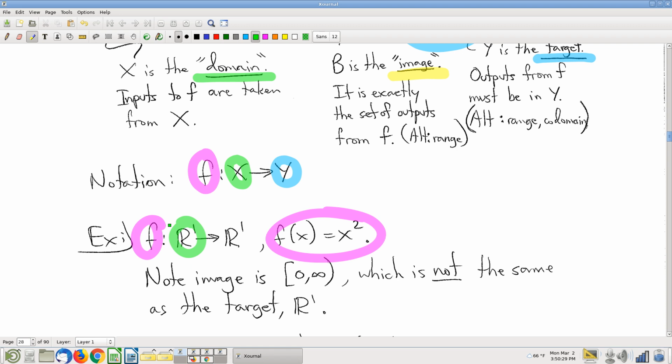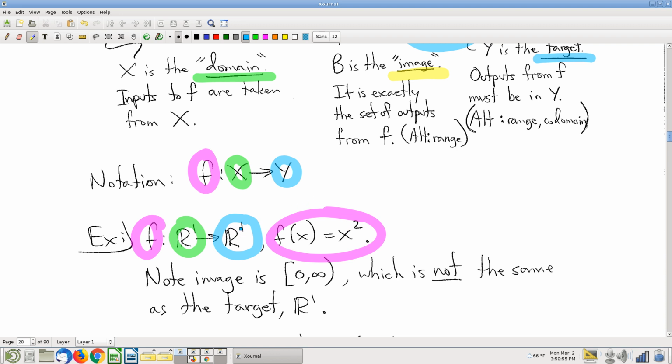Notice no complex values, just real values. When I say that the target is R1, I am promising that when I take any real number from the domain, put it in here, and compute per the formula, what comes out will be a real number.